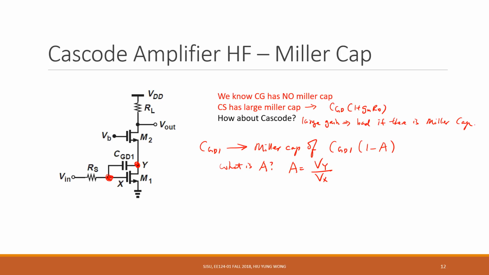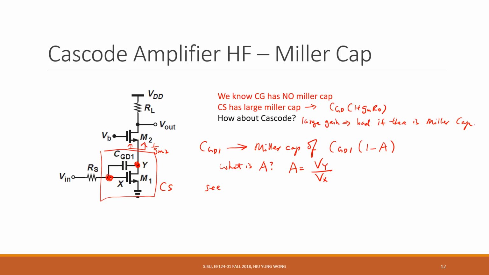So this is just a common source amplifier. And what is the load for this one if Y is the one we want to look at? This one, what is the equivalent resistance? This is 1 over Gm2. Right? So what are we doing?